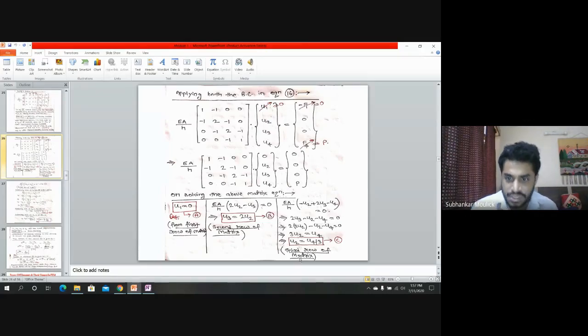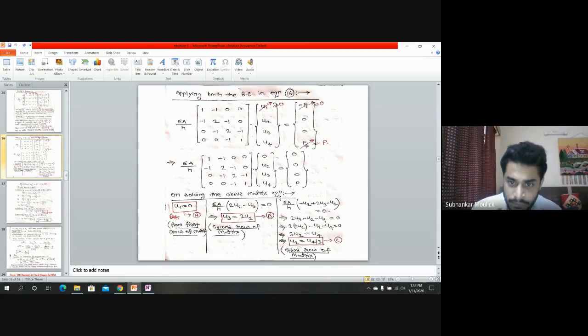Again from this expression you will get one equation, that is minus U2 plus 2U3 minus U4 equal to 0. Similarly, using the last equation: 0 into 0 is 0, plus 0 into U2 is 0, minus 1 into U3 is minus U3, plus 1 into U4 is U4.